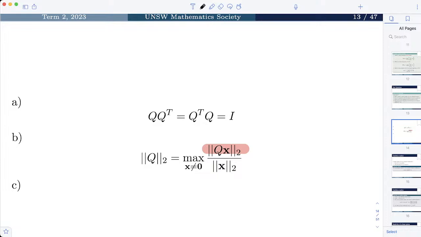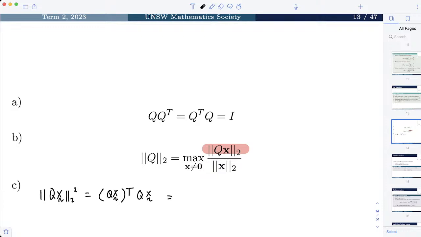That's because the inner product in regards to the 2 norm is just the dot product, right? So if I want to look at this thing over here, that's just the dot product of QX, right? So that's just going to be QX transpose times QX, and then you can sort of see where it's going from this, right?